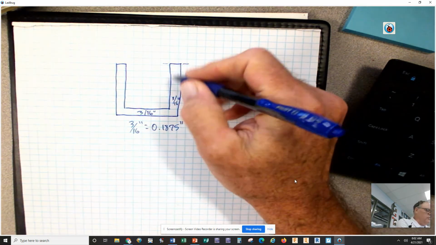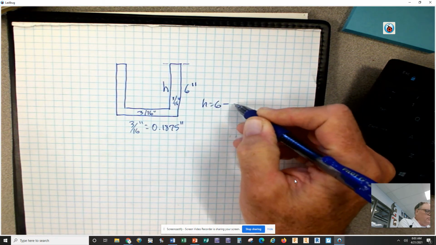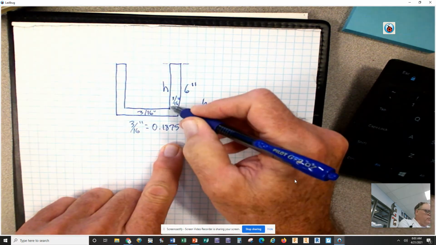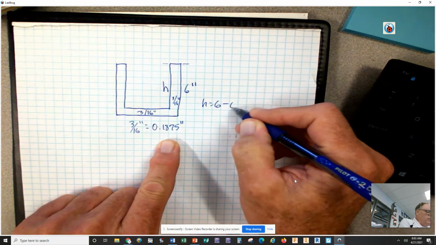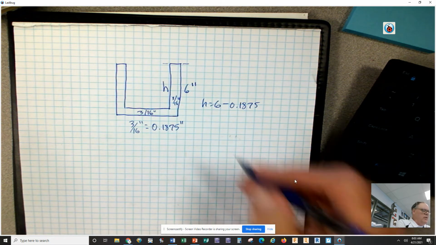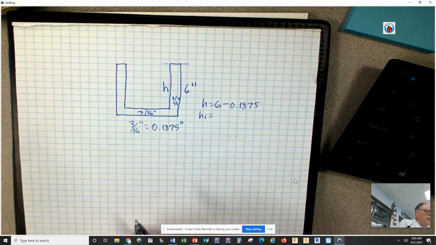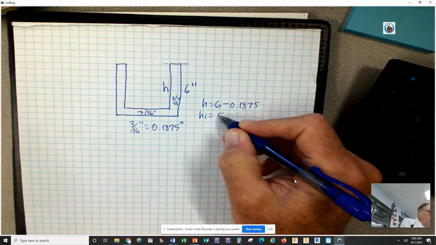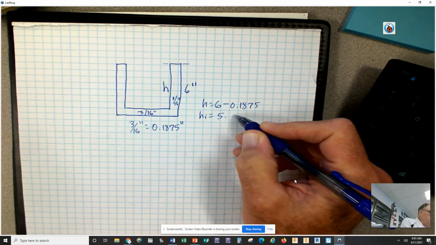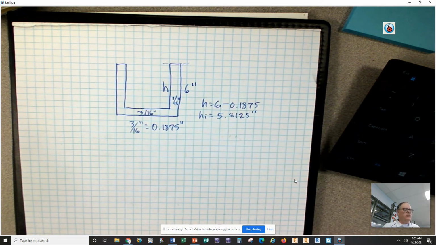So the inside cylinder height will be 6 inches minus the thickness of the glass, because you can't get through the glass down here. So it's 6 minus 0.1875. Your inside height, I'll put HI for inside height, is going to be 5.8125 inches. Make sure you're using that for your inside height when you do the inside cylinder.